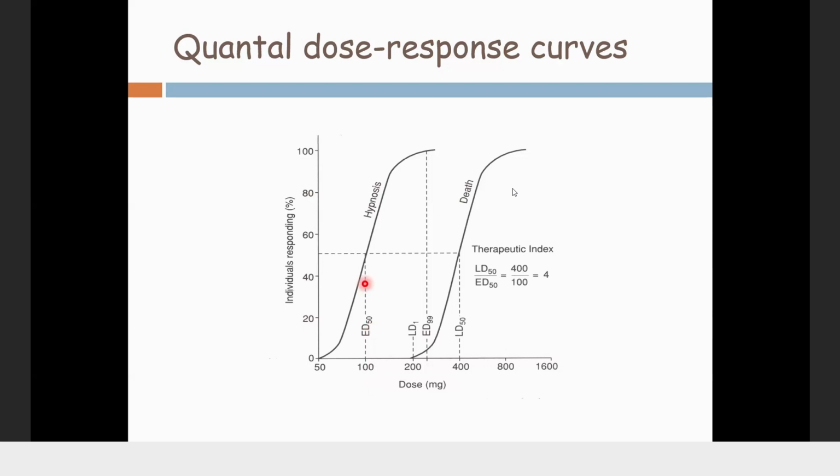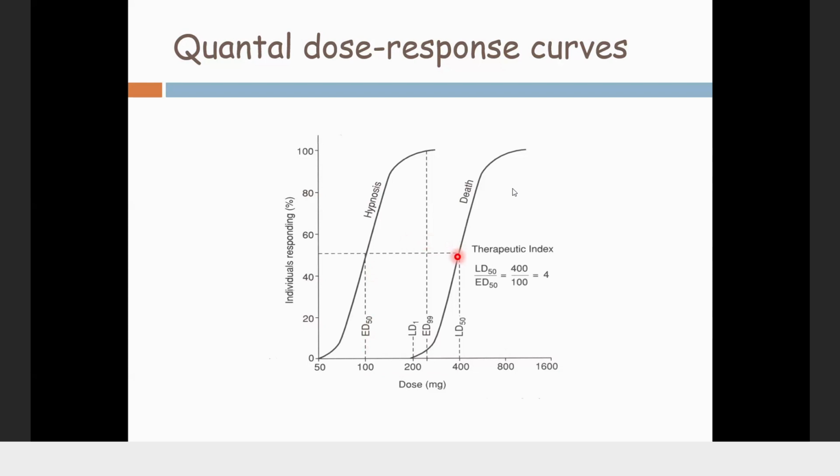So the ED50 in this graph is 100 milligram, which is recorded as the ED50 value.